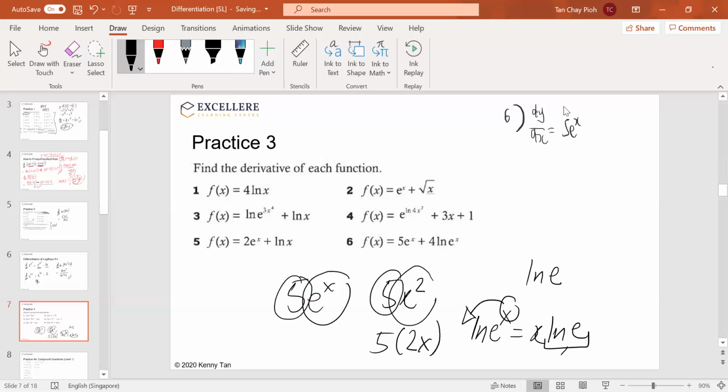If you use your calculator, what is ln e? Wait, I think it's 1. I can't find e. Oh, okay, 1. That's why ln e to the x will be equal to x.